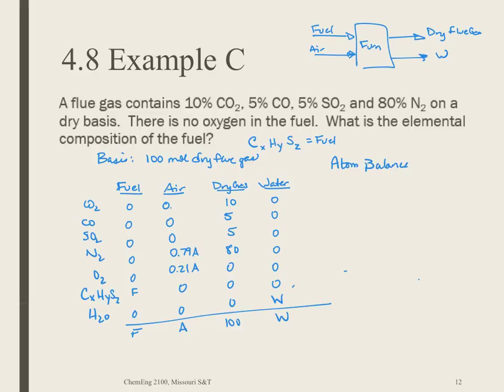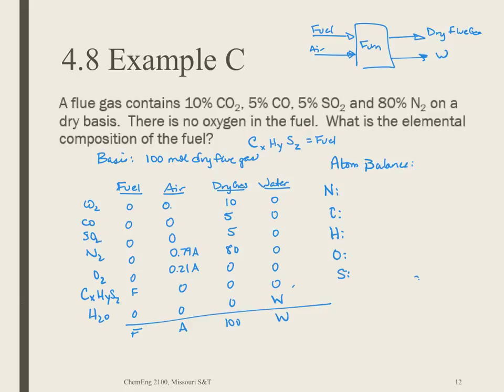Okay, now this is going to be a little different looking than what I normally do, but I can do this on any of these things. I have N, I have C, I have H, and I have O, and I have S. Those are my atoms that I have.